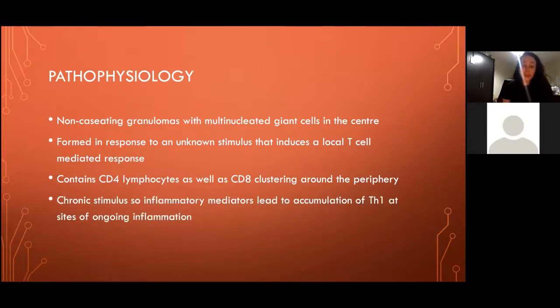So due to this chronic stimulus, these inflammatory mediators lead to accumulation of Th1 helper cells at sites of inflammation, and that contributes to the granuloma formation and structure. So some signs and symptoms. So cough, which is generally non-productive.